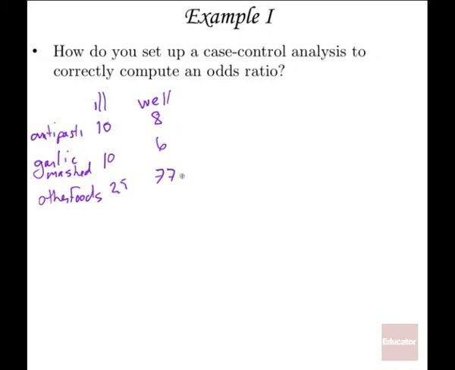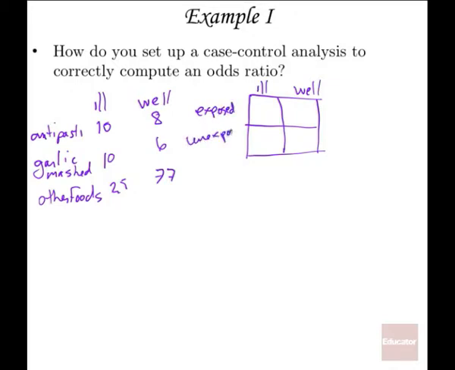Okay, so when you have data like this, what you need to do is construct a 2x2 table. And in the 2x2 table, you'll have the ill individuals and the well individuals. And you set up your cells, right? And this cell here is going to be what's called the exposed individuals and the unexposed. And then you label your cells. You always need to set up the table exactly this way, because if you don't, then your calculations won't work.